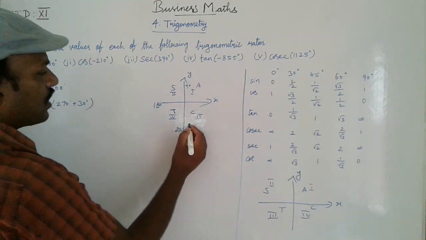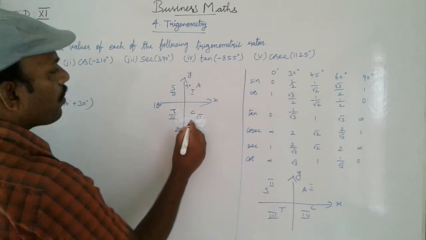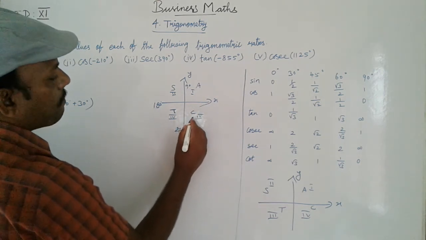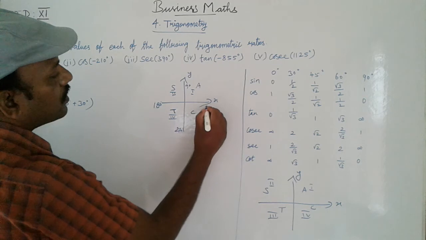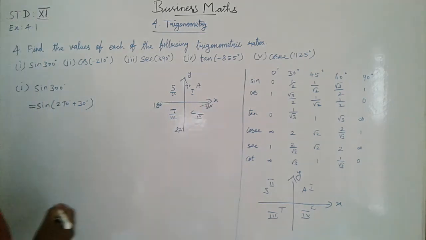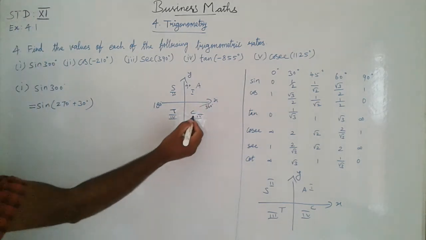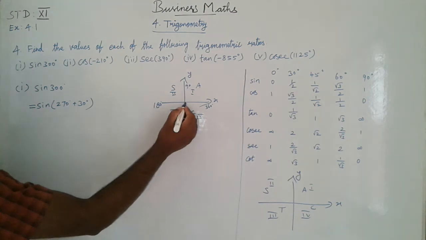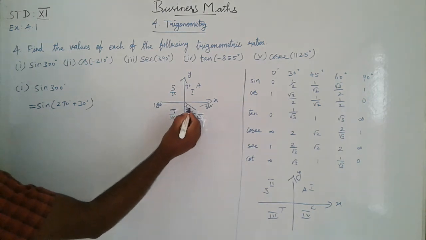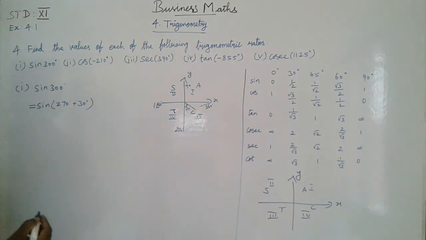Next, the fourth quadrant is 270 to 360. So 270, after that 30 degrees. Here after 30 degrees, this is the fourth quadrant.